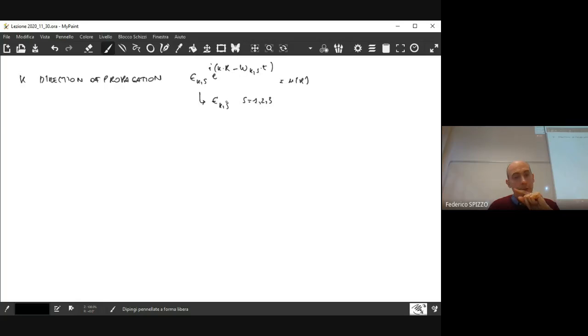In general, it is possible to choose one of the 3 vectors parallel to K and the other 2 vectors orthogonal to K. So the three vectors are one parallel to K, and the other 2 are perpendicular to K.